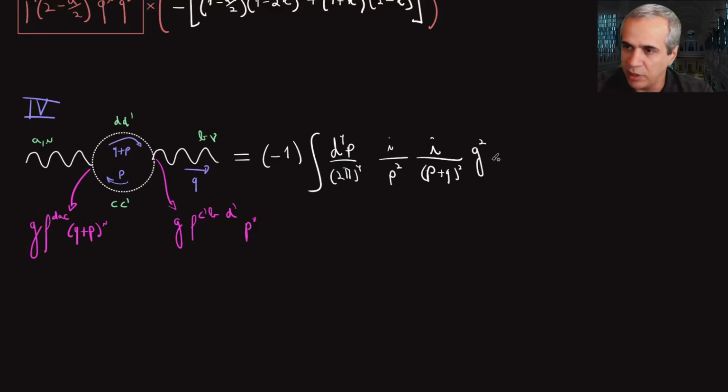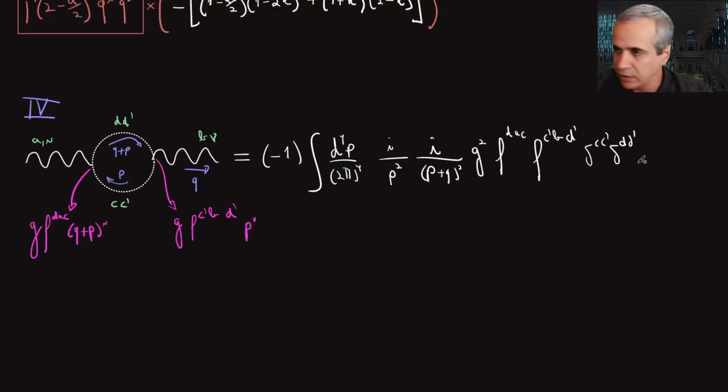I just get a g squared f D A C f C prime B D prime, the deltas for the two ghost propagators, C prime delta D prime, and then some momenta in my numerator here, which will make the calculation a little bit harder. Again, I have to do Feynman parametrization, complete squares, and change this numerator accordingly, right?